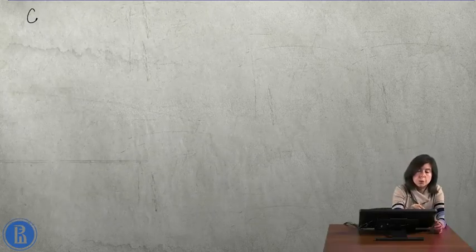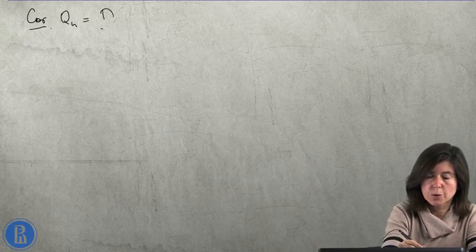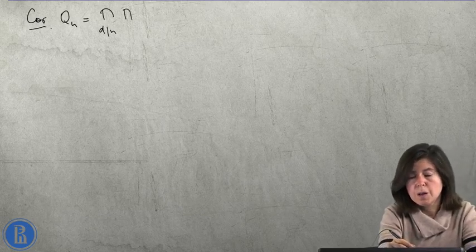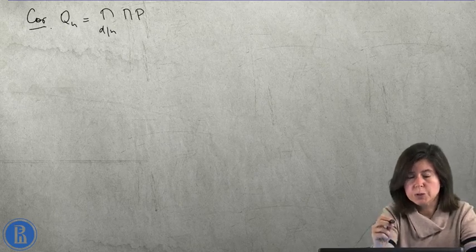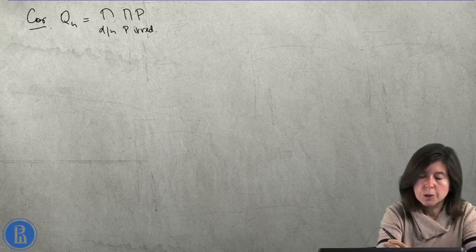This has a simple corollary. So q_n is the product over d dividing n of all P, where P is irreducible monic of degree d.